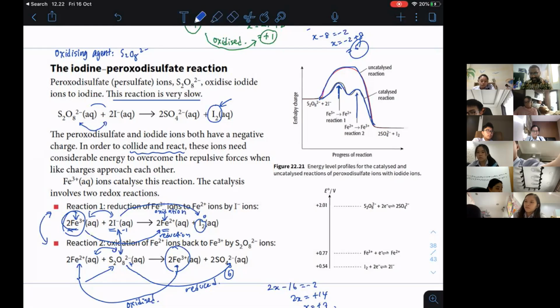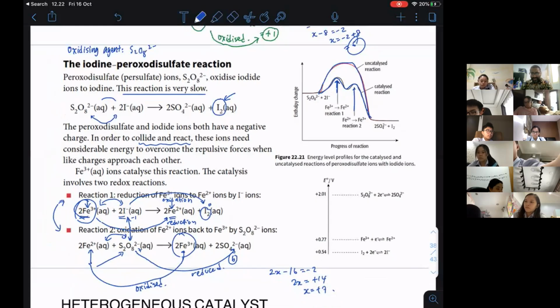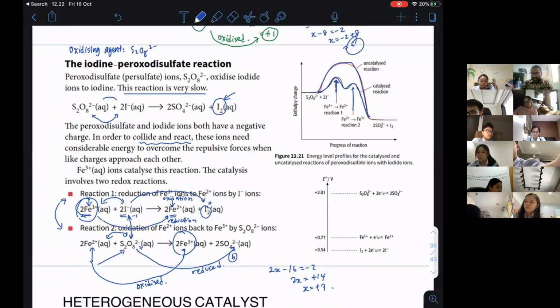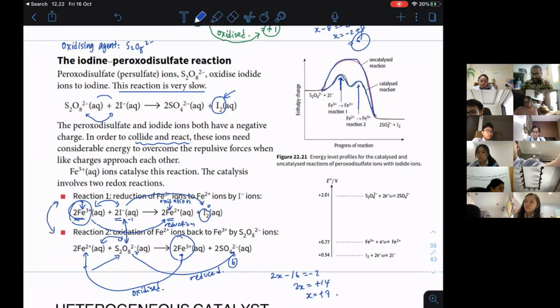And the important thing that you need to take note of for this reaction is that any kind of reaction that can come between the E values of both.